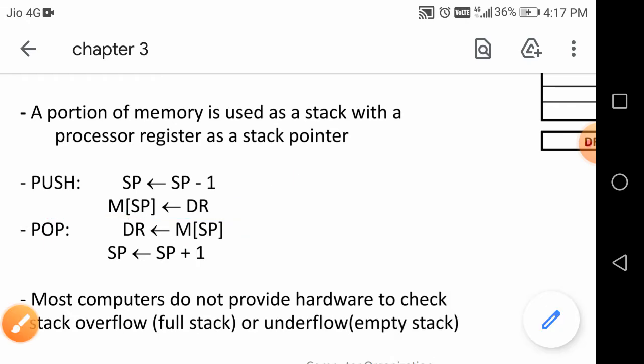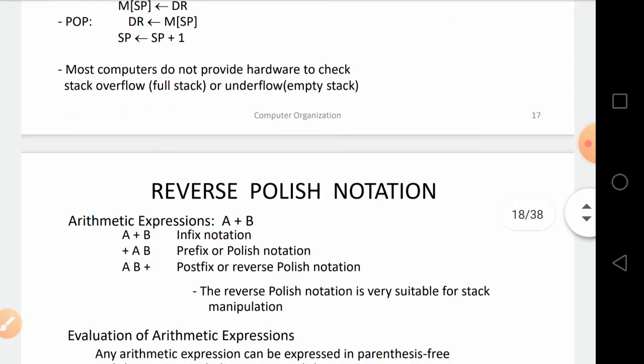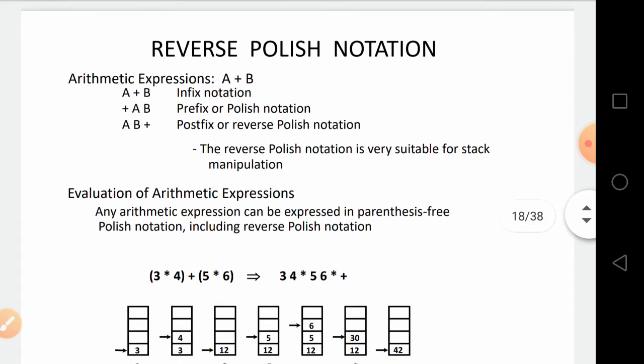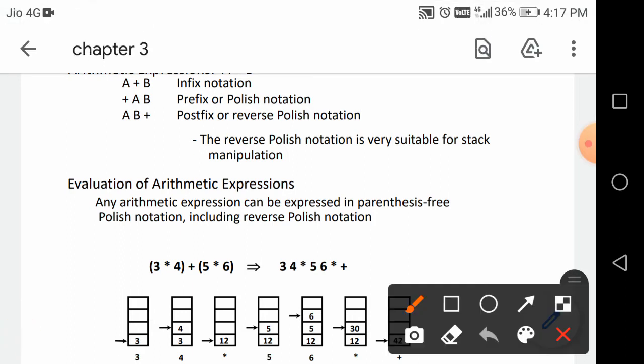Okay, and in the third slide we are going to see how you can perform arithmetic operations. Here, mainly, how you denote the arithmetic expression, let us see. Mainly there are three ways to denote arithmetic expressions.